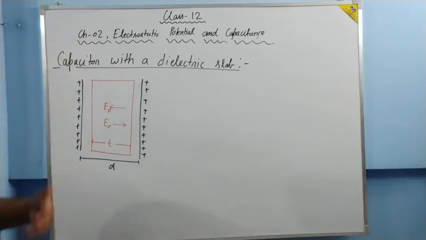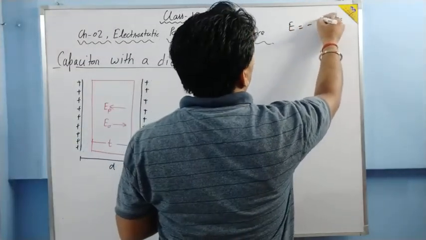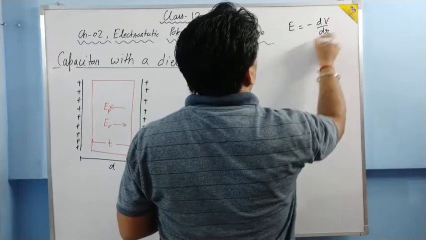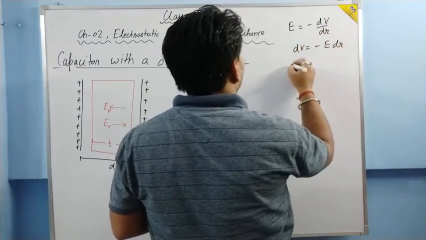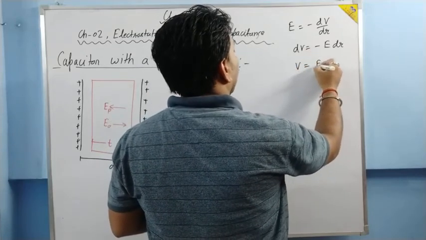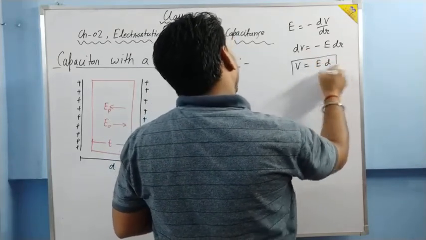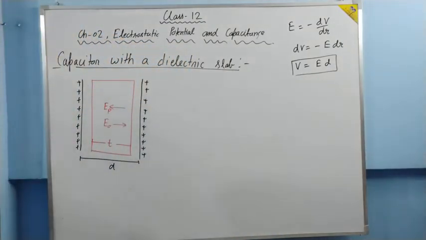So how much is the potential changed? We know that E is equal to minus dV by dr, or dV is equal to minus E dr, but when the electric field remains constant, we can write V is equal to E into D, when we are concerned only about magnitude, not direction.